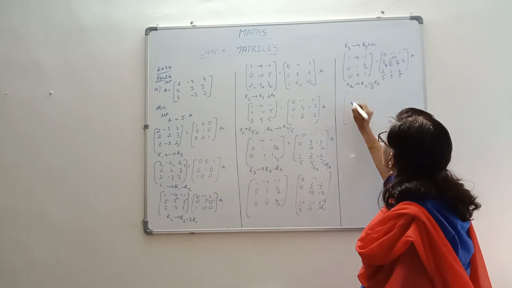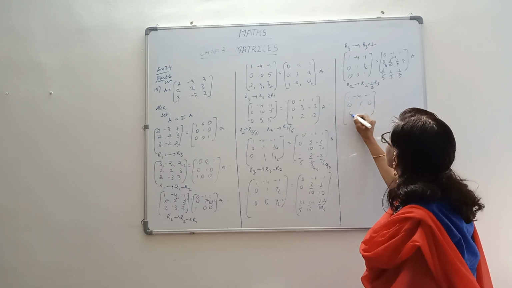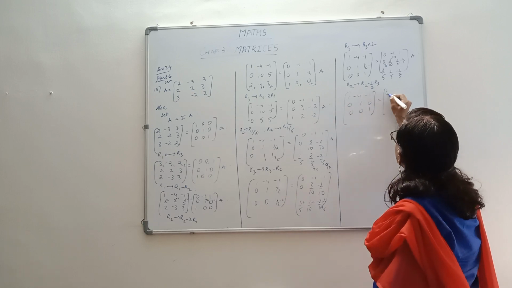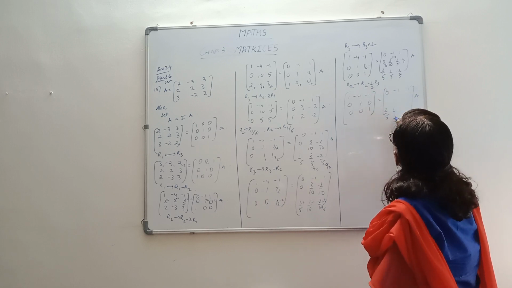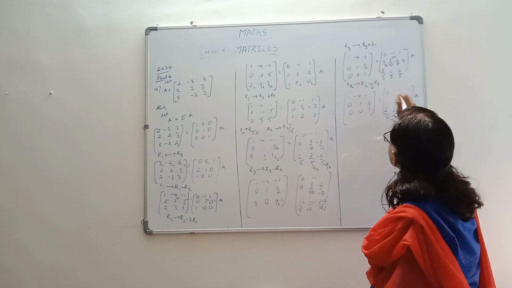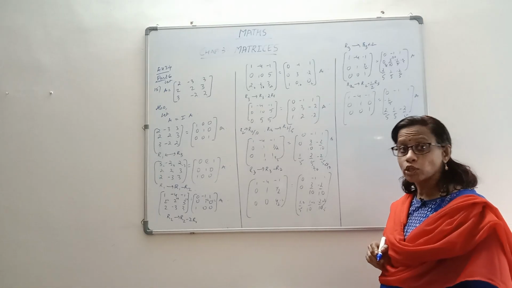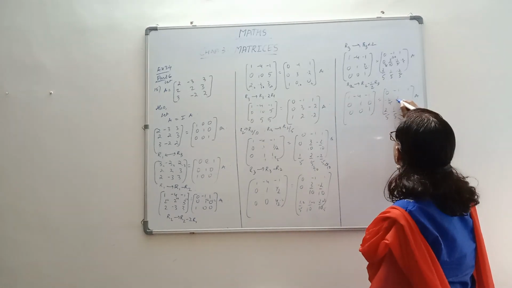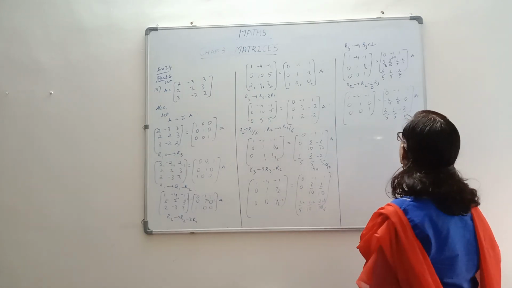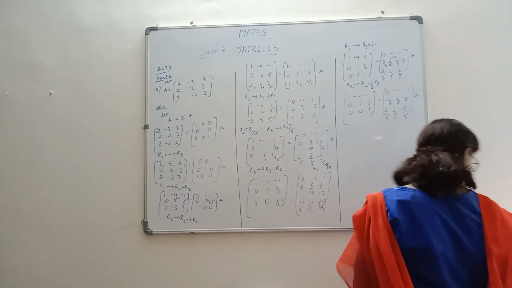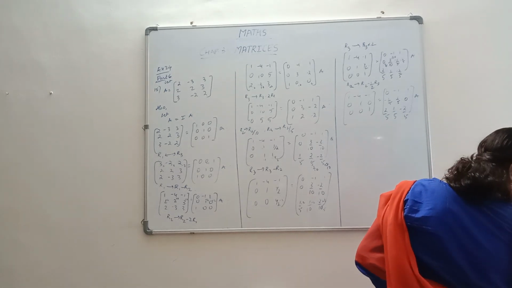So let's check. 1 minus 4 minus 1, 0, 1, 0, 0, 0, 1. 0 minus 1, 1. These are unchangeable ones. 2 by 5. 1 by 5 minus 2 by 5. These are not going to change. Only these are going to change. Minus 1 by 5. 3 by 10 minus 1 by 10, 2 by 10, which is 1 by 5. Then minus 1 by 5 plus 1 by 5, 0, right? So much is over. So far so good, because if there is a problem we can revert back quickly at this step.